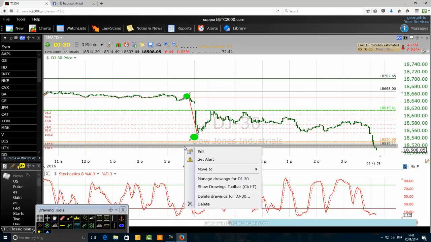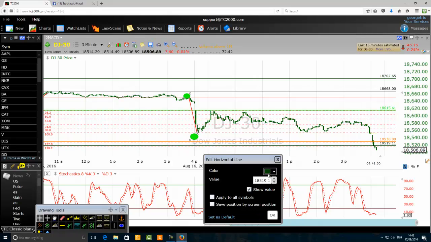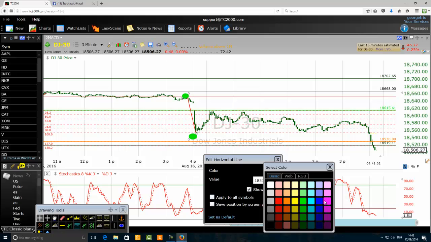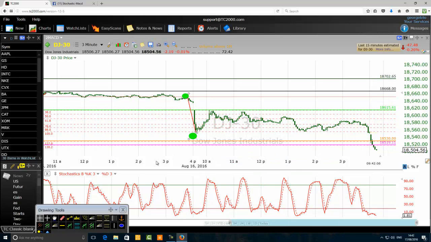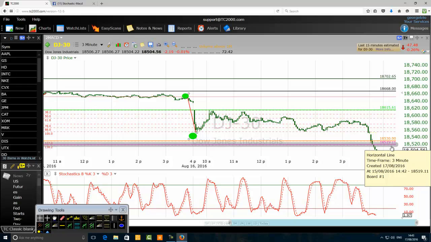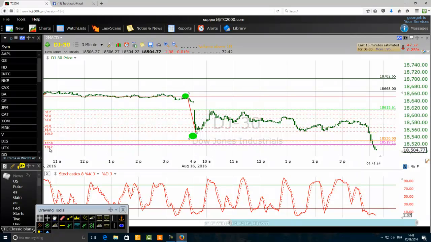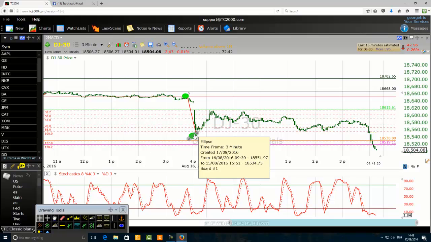If you accept that, that's the pink line on my chart now. As you can see, the price went below that 138.2% Fibonacci extension level, which is at 18519. That's the 138.2% Fibonacci extension level below that significant low on the 3-minute time frame.